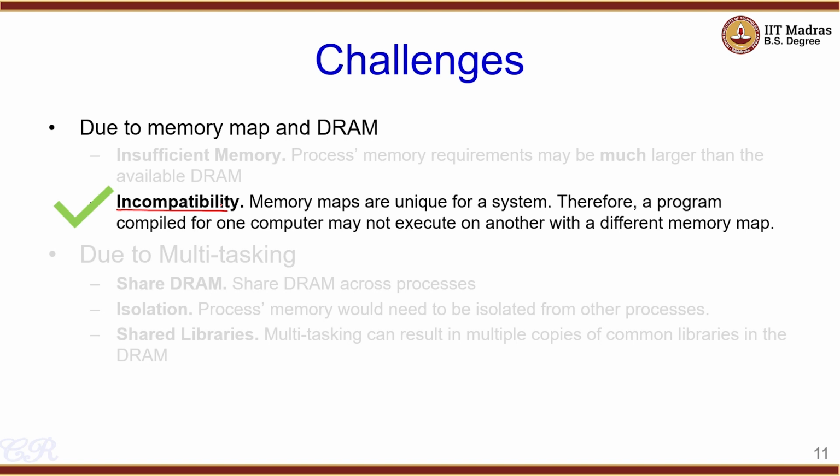The operating system and the hardware make use of the fact that the memories could be at different locations, and handle the different sizes of memory and so on. In other words, if I write a program and compile it for one particular computer, this program would work almost seamlessly in any other computer as well, with a different memory map, a different size of DRAM, and so on.